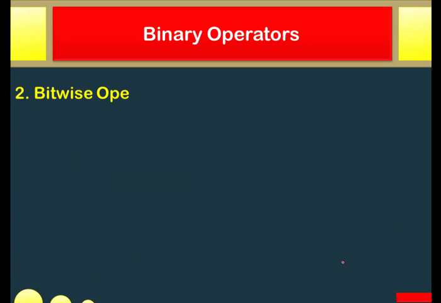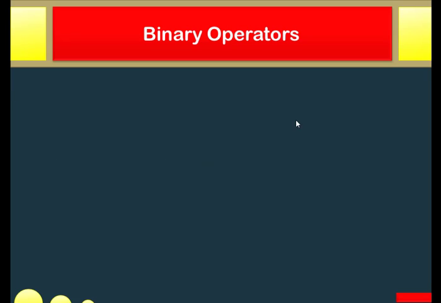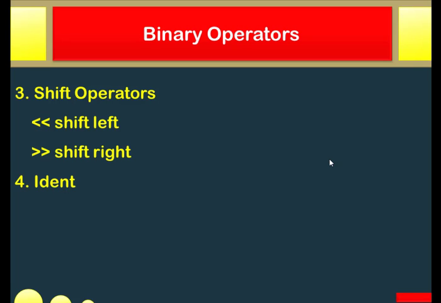Now next are bitwise operators: bitwise AND, bitwise OR, and bitwise XOR, exclusive OR. Next are the shift operators: shift left and shift right.